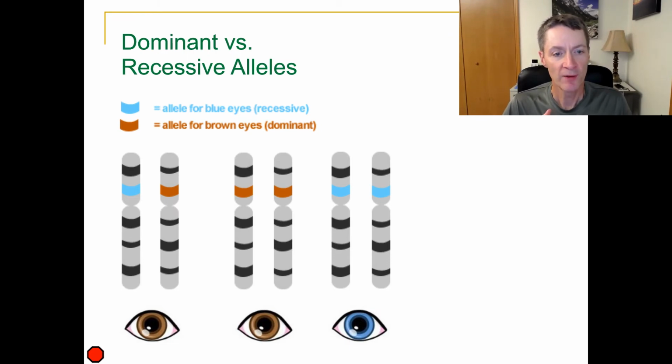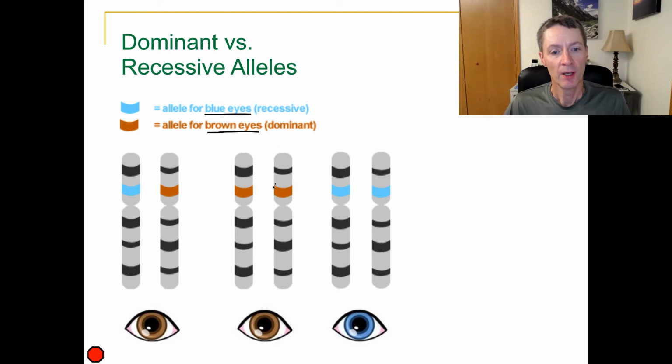It so happens that there are various alleles, two of those versions of the gene that codes for the pigments of the eye would code for brown eyes or blue eyes. So 2 different alleles for eye color, 2 different versions of that gene.